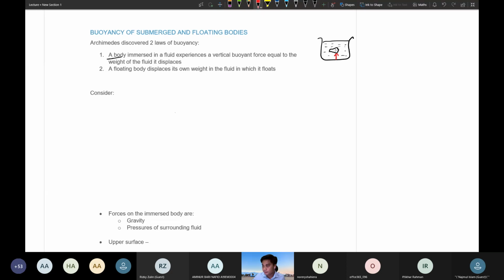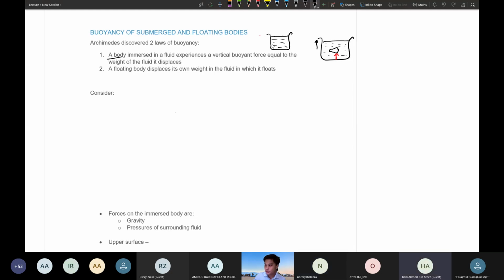So that means, initially, this is the fluid. When you try to immerse one body, what do you think happens to the fluid? Do you think the fluid will go up, or go down, or stay the same? Go up. Why go up? Because you put in additional volume.